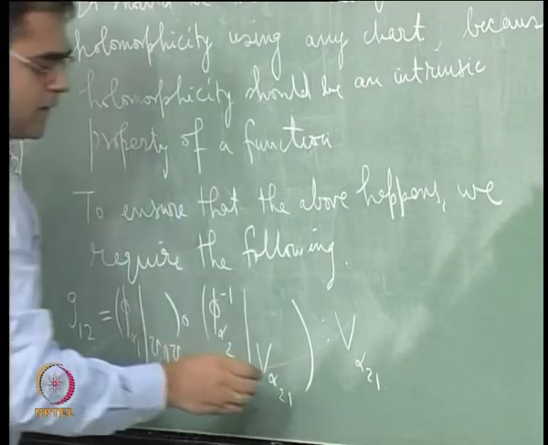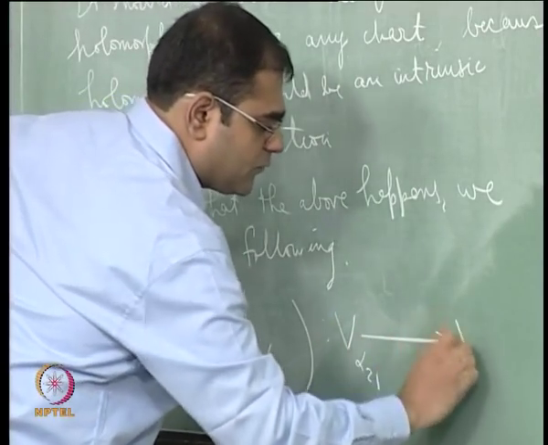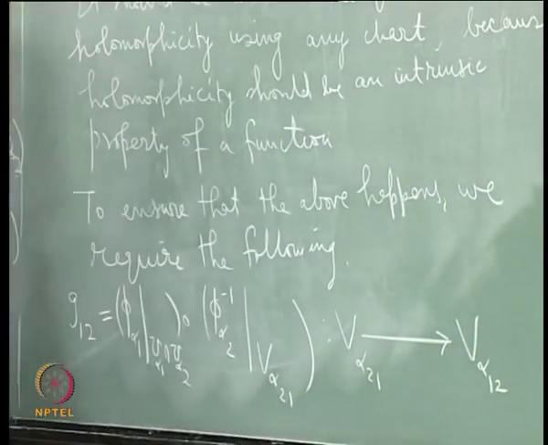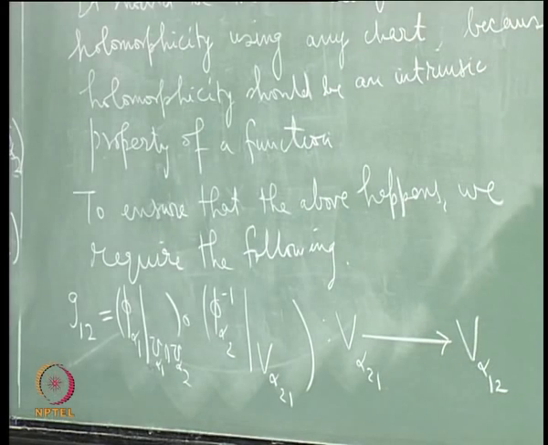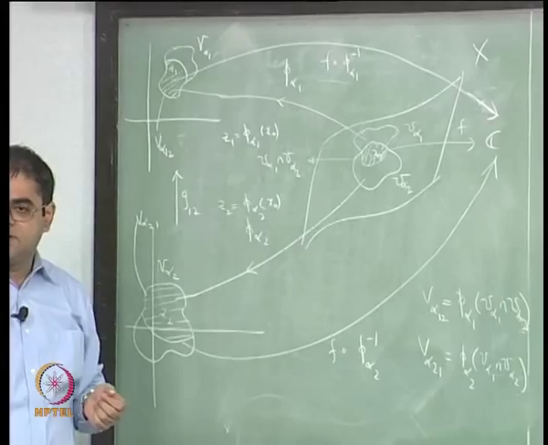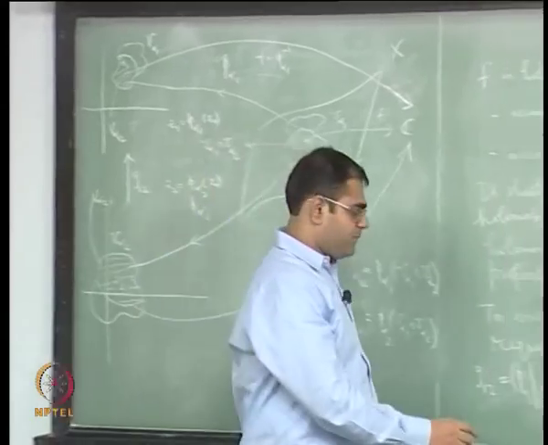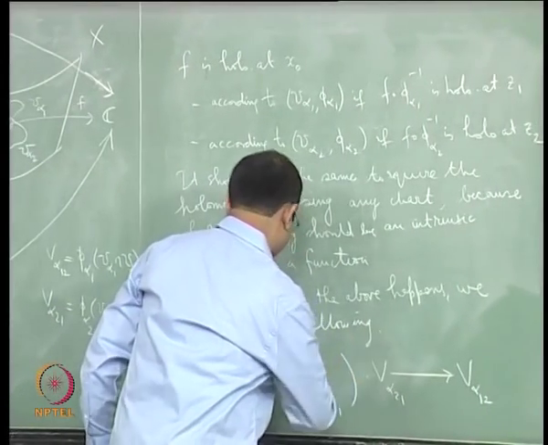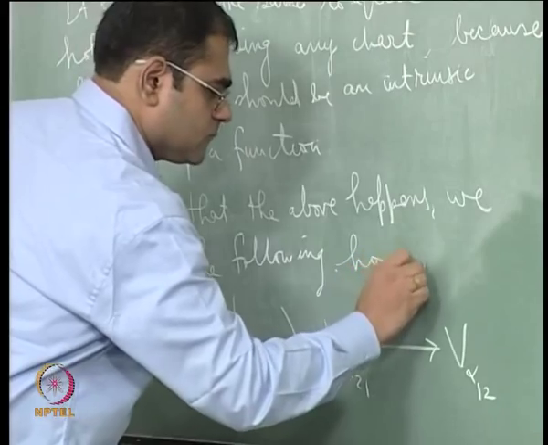So it will go from V alpha 2 1 to V alpha 1 2, and you can see that this is a composition of homeomorphisms. So this is a homeomorphism.